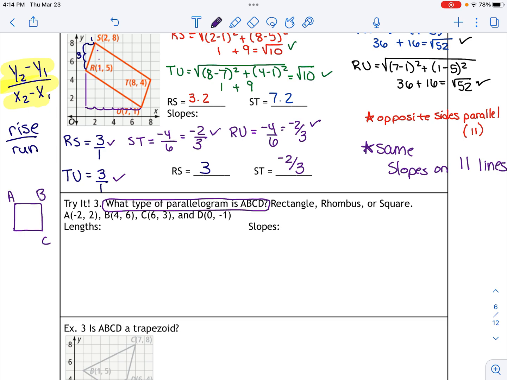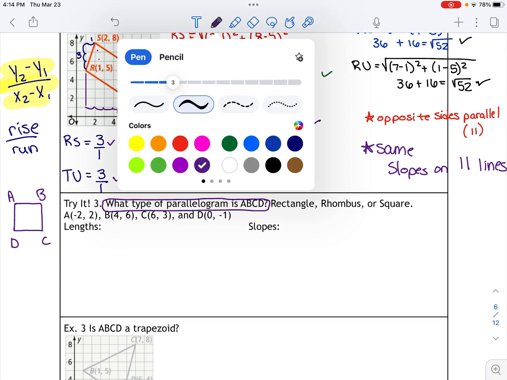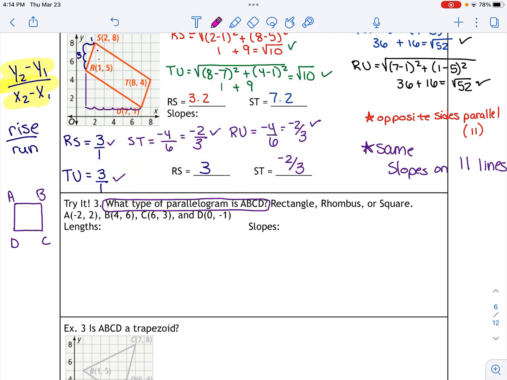Go around the shape. So we want to see if AB is going to be the same length or different length as BC. Okay, so you want to look at consecutive sides. So let's find the length of AB.